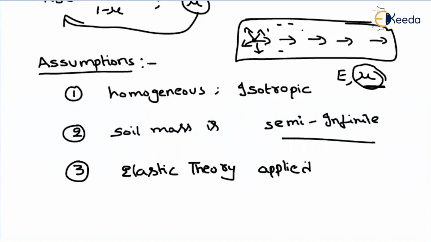That means we are not going into a plastic state. If the soil mass reaches the elastic limit, then we are considering it as a failure. So K naught equal to mu divided by 1 minus mu is only applicable if your soil is homogeneous and isotropic, it is semi-infinite, and also elastic theory is applied. If these three are not satisfied, then we cannot apply the K naught value.